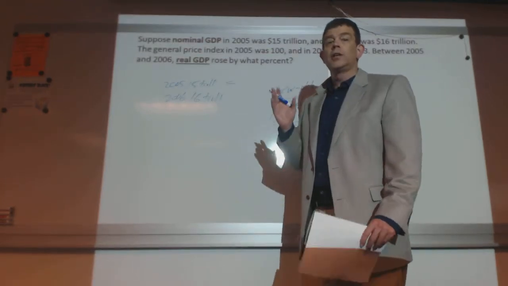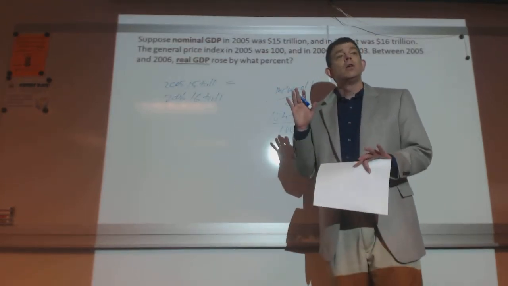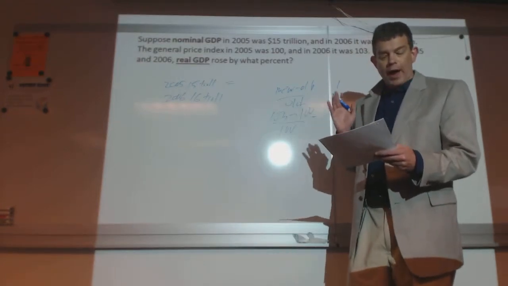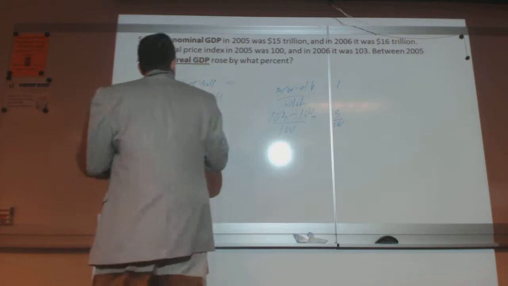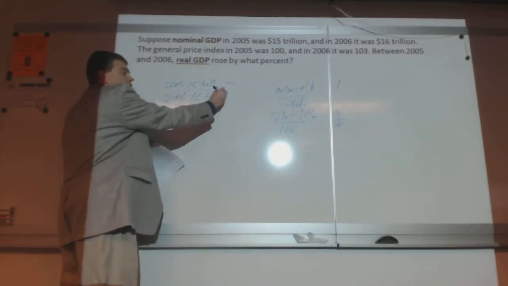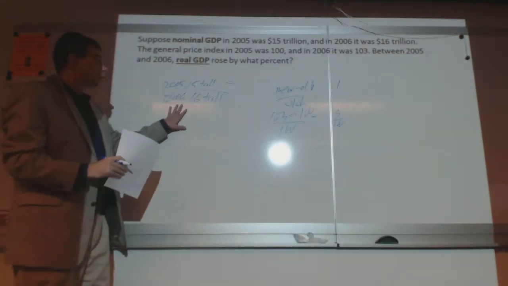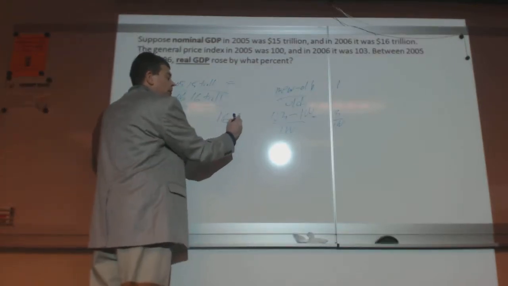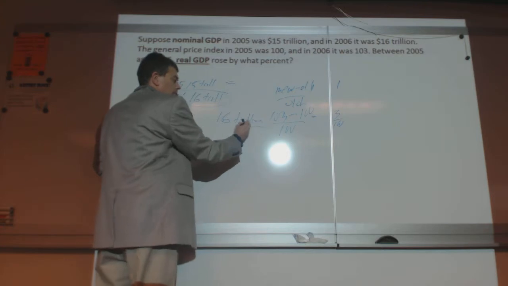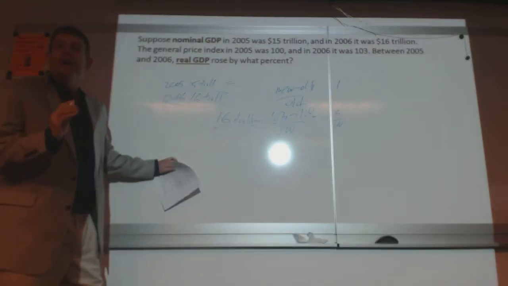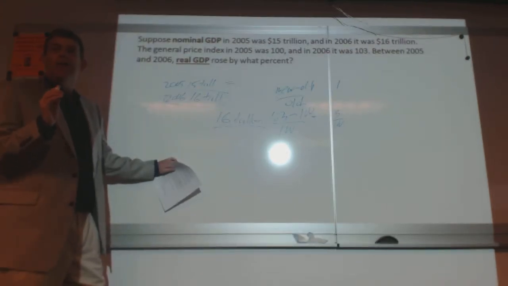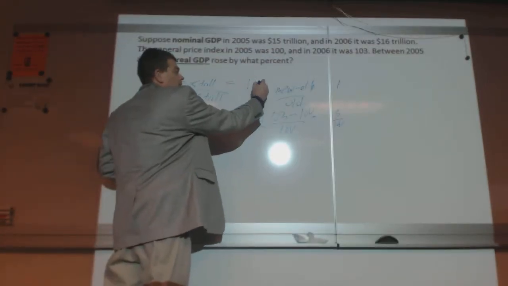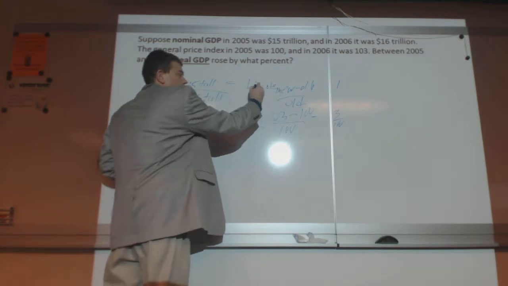Okay? Now, in order to calculate and convert nominal GDP into real GDP, here is all you have to do. You take the new figure for this year. In 2006, nominal GDP was 16 trillion. You divide that by 1 plus the rate of inflation.